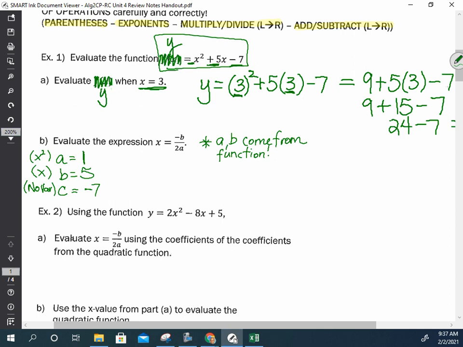Granted, you don't need c to solve that problem. We don't need c to solve that problem. But we do have enough now to answer the question. There's your a, there's your b. That's the problem. So negative b is negative 5 over 2 times 1.